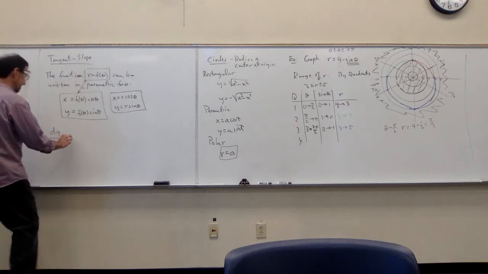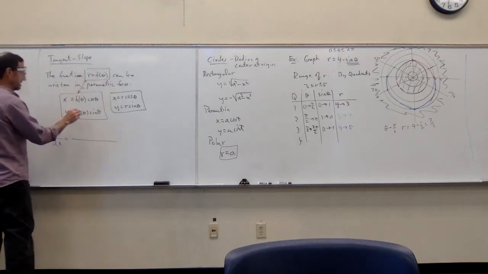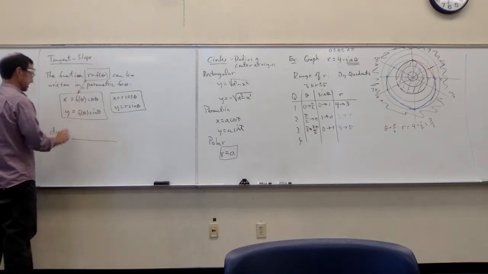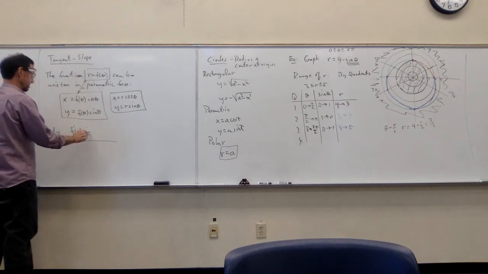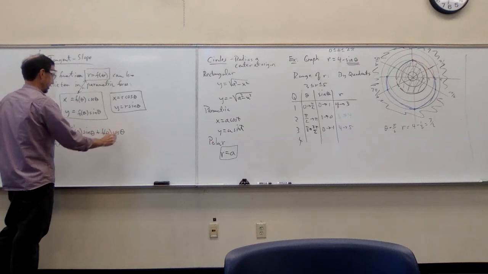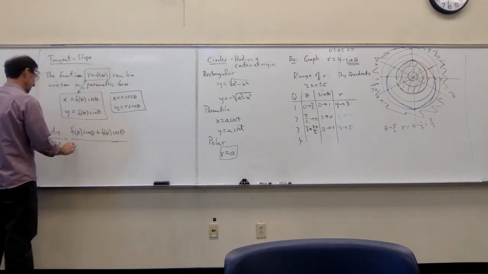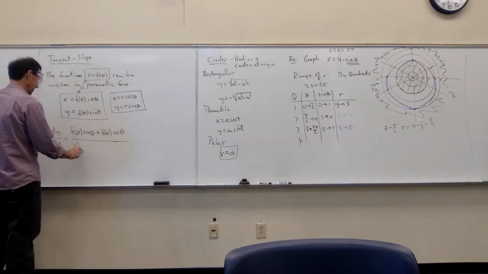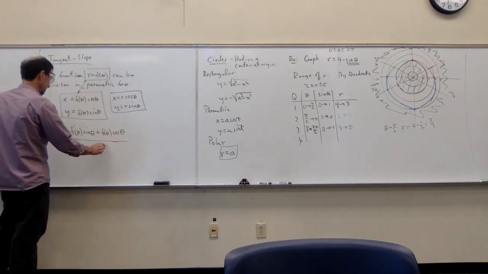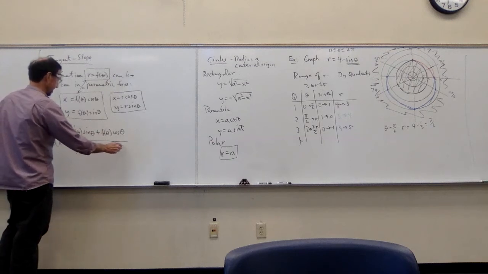is dy d theta over dx d theta. Need to use the product rule here. So we'll take the derivative of the first function times the second, plus the first function times the derivative of the second, and do the same thing down below. f prime of theta sine theta plus f of theta cosine theta, and for the bottom, f prime of theta cosine theta minus f of theta sine theta, using the derivative of sine and minus the derivative of cosine.